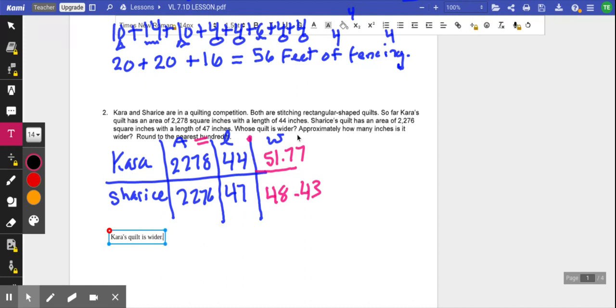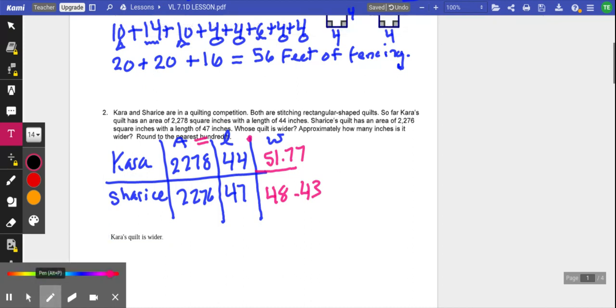Okay, then it says approximately how many inches is it wider? So how many inches wider? So I have to subtract. So I'm subtracting these two numbers. And when I subtract them, I get 3.34.